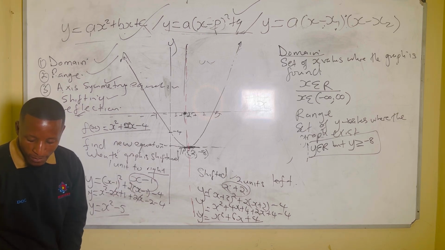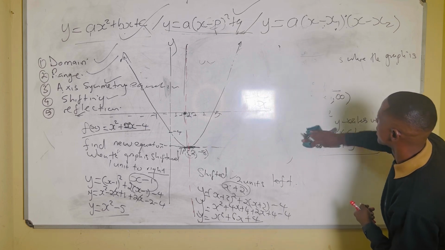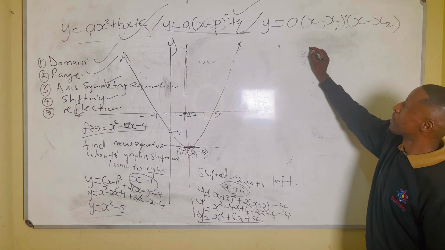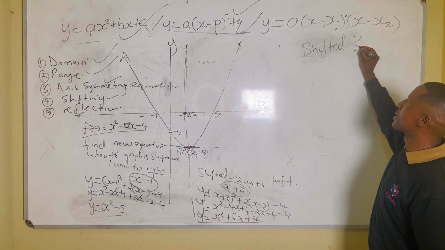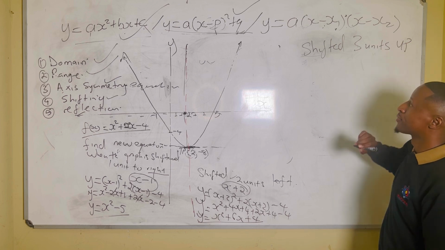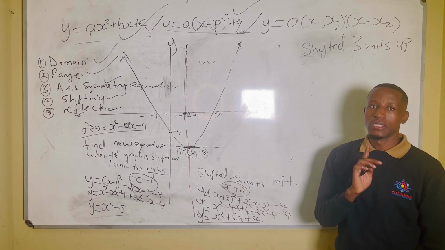So the same thing applies to shifting upwards. Let's assume that they say the graph shifted 3 units up. They want the new equation. Shifting up or down affects the y values.